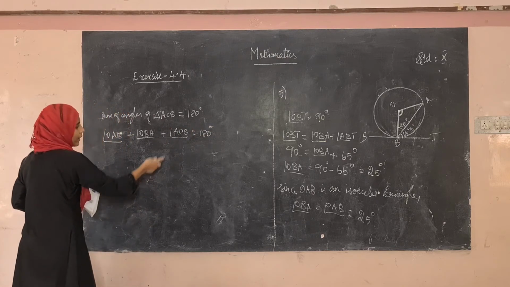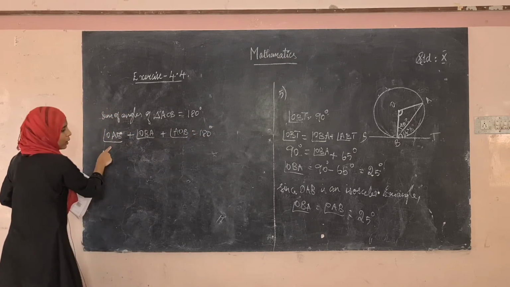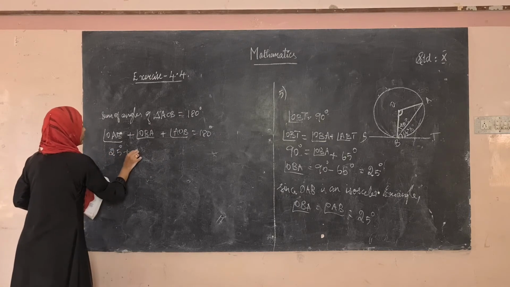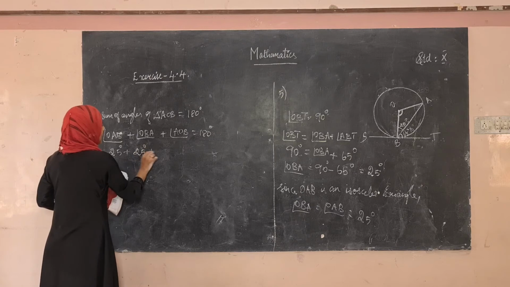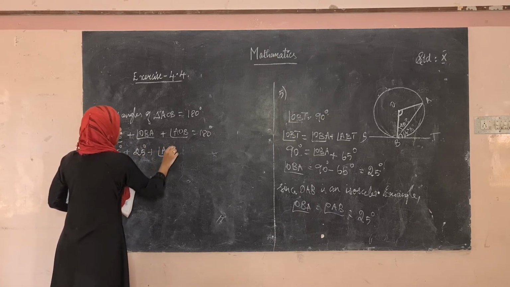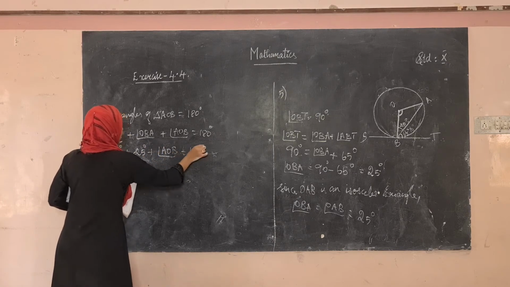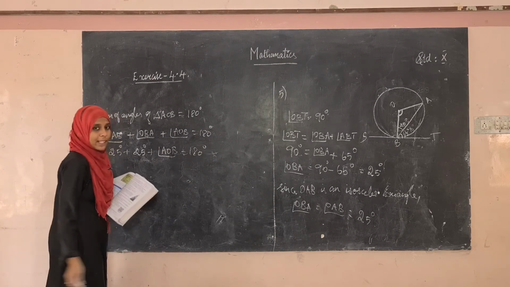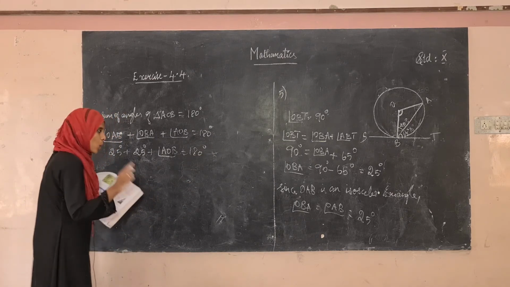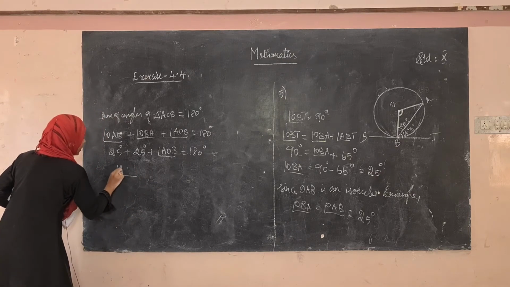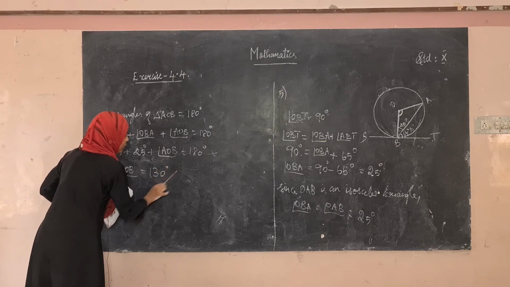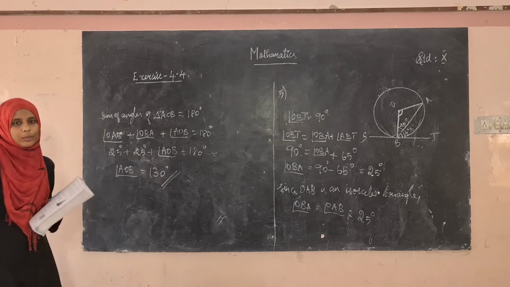We know that OAB and OBA is equal to 25 degree. So 25 degree plus 25 degree plus angle AOB is equal to 180 degree. So this is 50 degree. Bringing this 50 degree this side, it becomes minus. So 180 minus 50 degree is 130 degree. Therefore angle AOB is equal to 130 degrees. This is what they have asked us to find. This is the answer of the question.